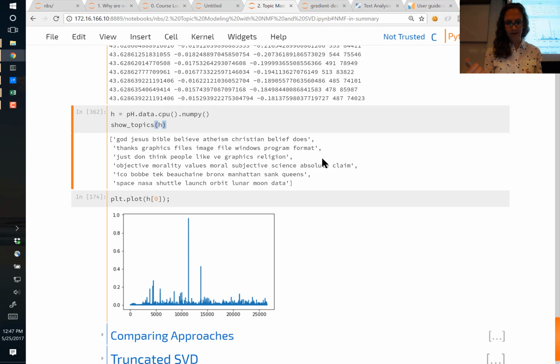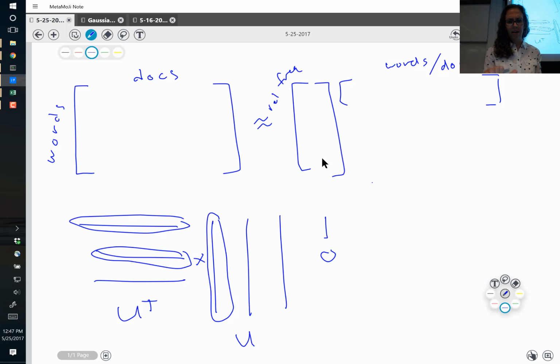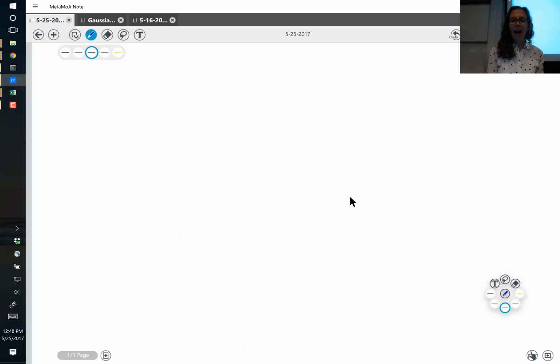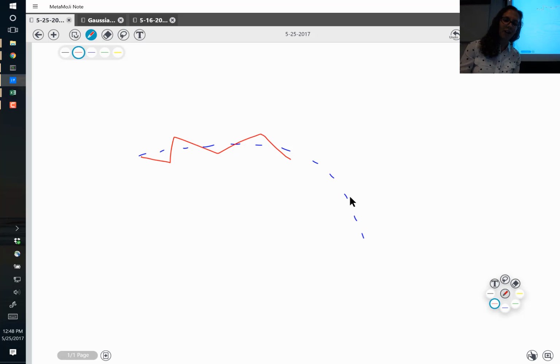Actually, let me clear the page. Yes, learning rate annealing. I was just going to show that if this was the true direction you want to be going in, with stochastic gradient descent what you're doing is going close to that direction, but zigzagging a bit around.